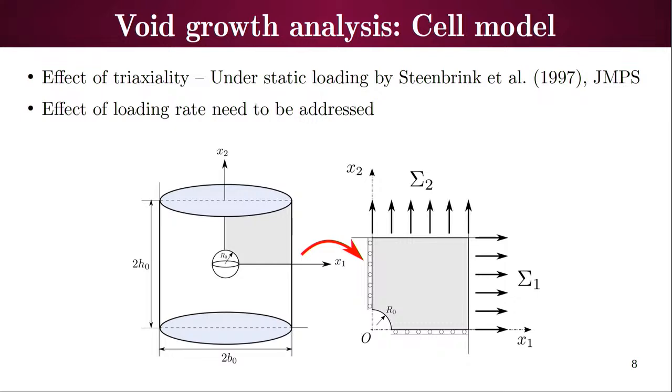So instead of doing a three-dimensional simulation, we can do a two-dimensional axisymmetric simulation. That is our advantage. Then, in order to maintain a constant triaxiality, to look into the evolution of the void under different triaxiality values, we will be applying remote or macroscopic stresses at a constant ratio, such that we can control the loading condition and characterize what parameters are required.